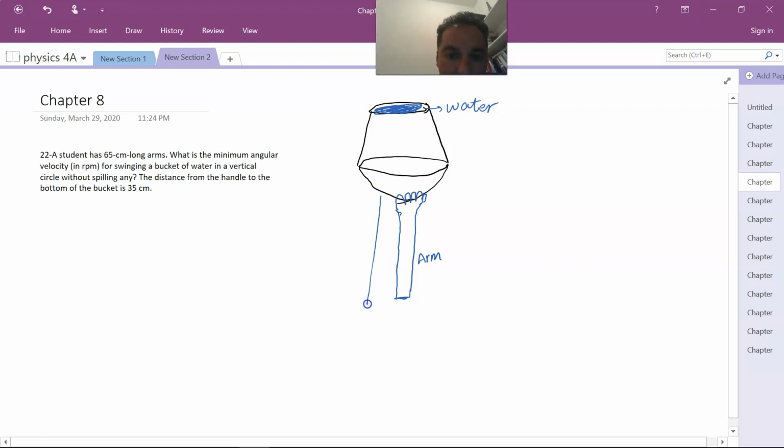The length of the arm, as the book says, the student has 65 centimeter, so this is 65 centimeter, correct?